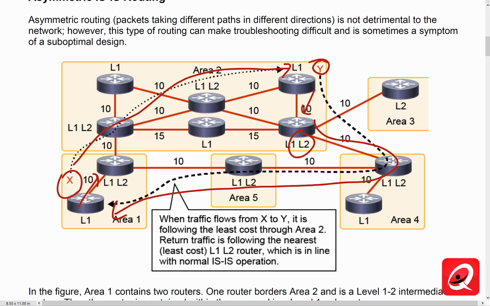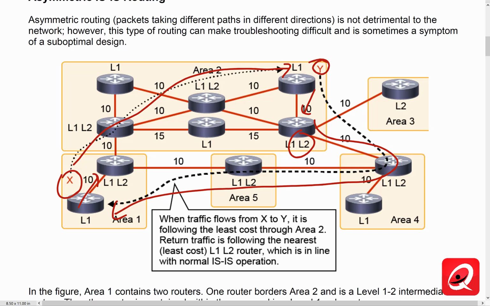Then, of course, that is going to send the traffic over that way. It's a really interesting concept. And this is primarily why IS-IS uses a standard cost value for all of the links, because we're using this closest routing concept, the level 1-2 closest routing concept.